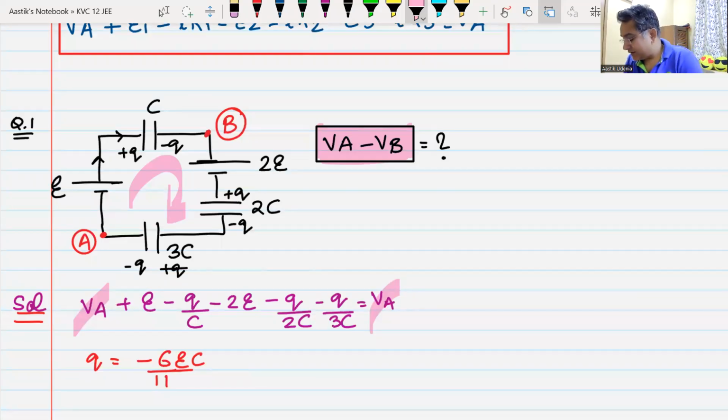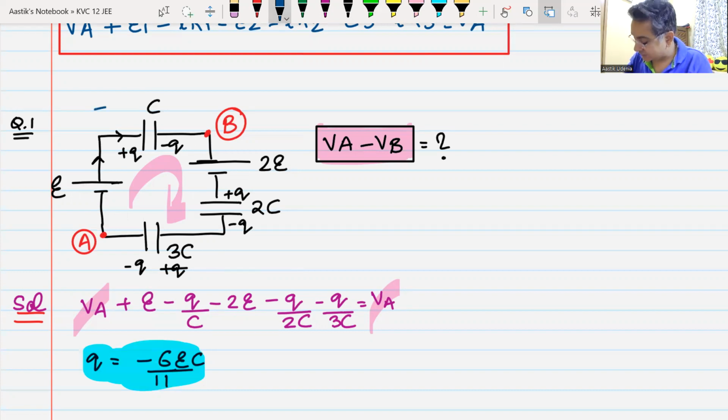How am I supposed to do that? I've already found out the value of Q. Now, what do I do? Since I've got the value of Q, I can first write the value of Q. So this plate becomes minus 6EC by 11, and this plate becomes plus 6EC by 11.